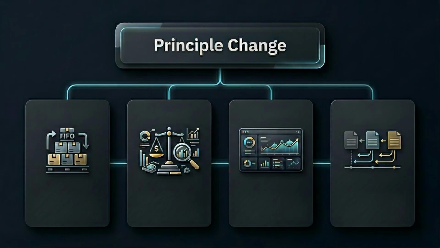A simple example is inventory costing. Suppose Atlas Retail changes from FIFO to weighted average because its upgraded warehouse system now blends inventory flows across locations. If both methods are acceptable and weighted average better reflects the actual flow, this may be a principle change. The usual treatment is retrospective application.